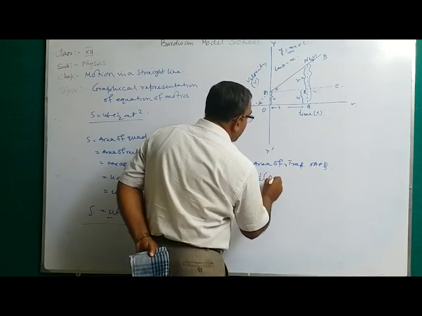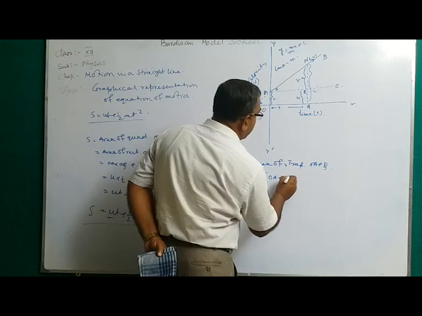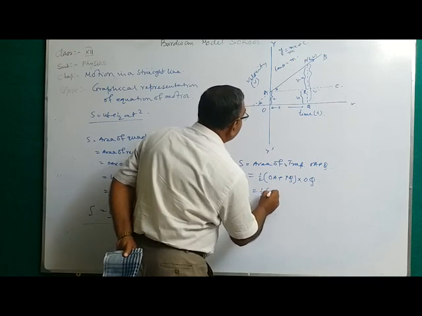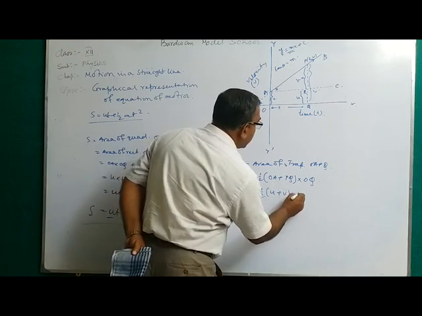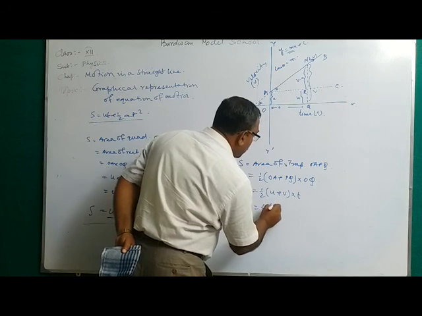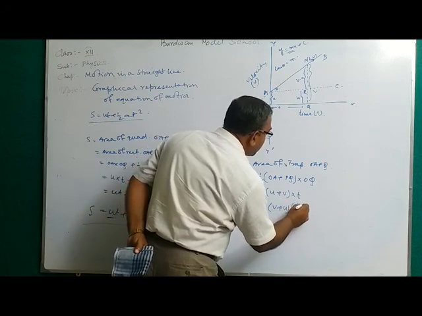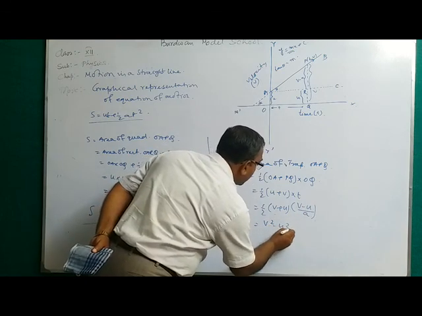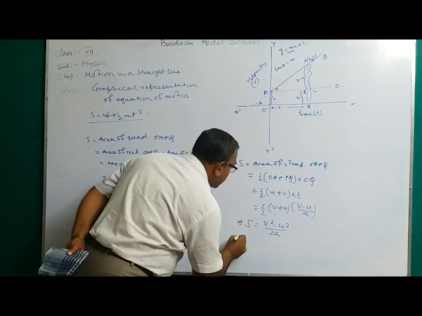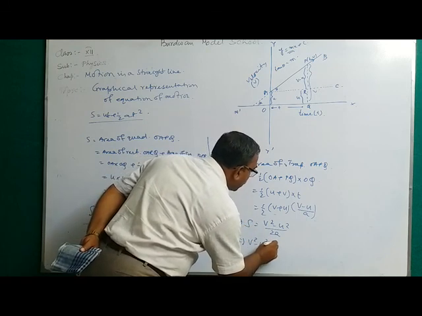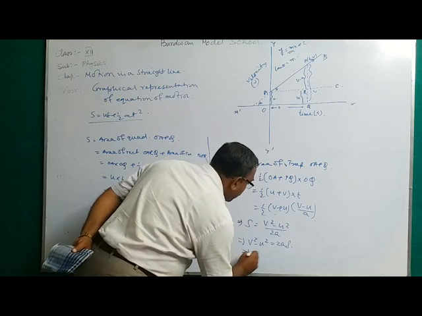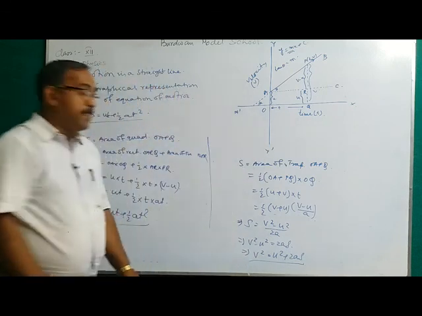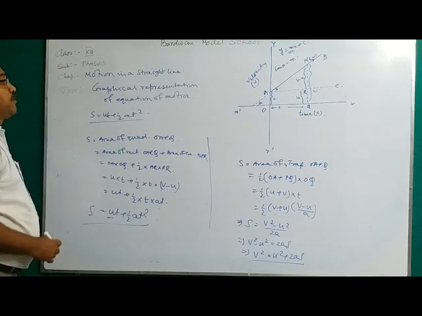Half into the sum of the parallel sides into its perpendicular distance. Half into (u plus v) into t. Half into (v plus u), t means (v minus u) by a. That is equal to (v square minus u square) by 2a, that is equal to s. v square minus u square equal to 2as, that is v square equal to u square plus 2as. That is the formula. You know it from your previous class.